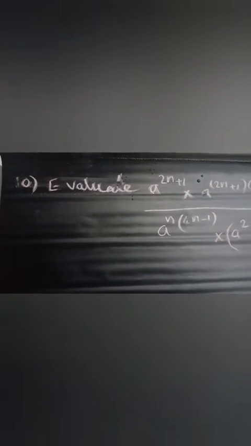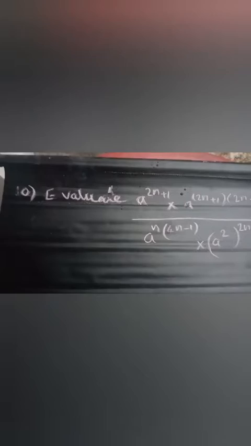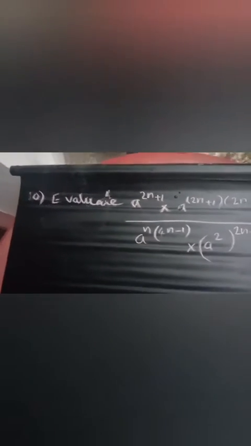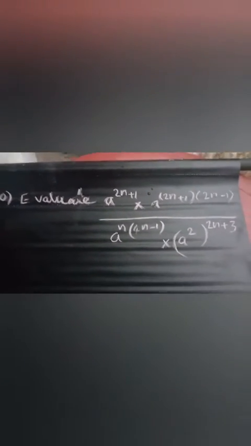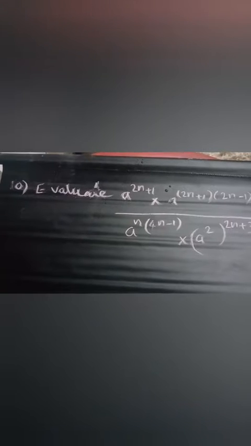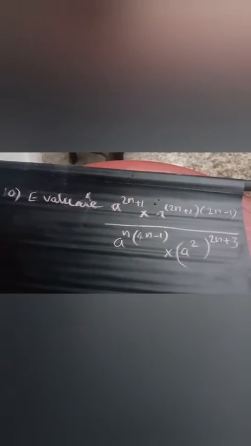Question number 10. Evaluate a raised to 2n plus 1 into a raised to 2n plus 1 into 2n minus 1 whole divided by a raised to n into 4n minus 1 into a square the whole raised to 2n plus 3. Okay, it's the same steps we can follow.